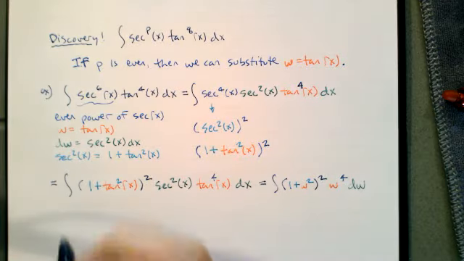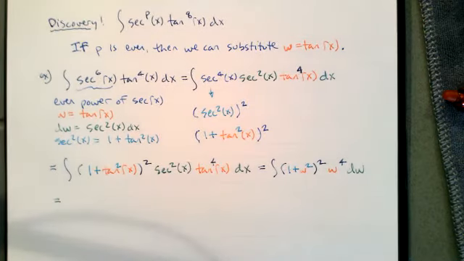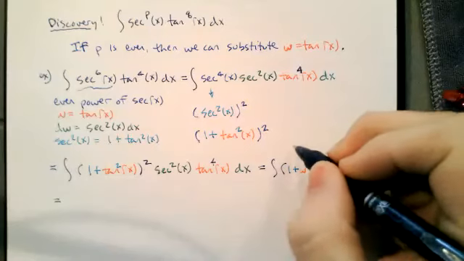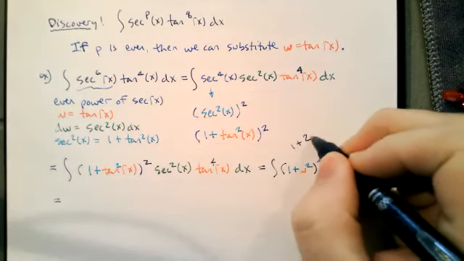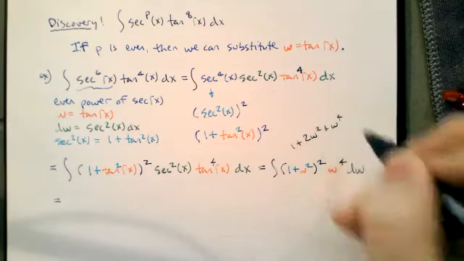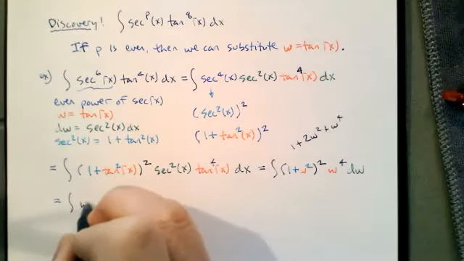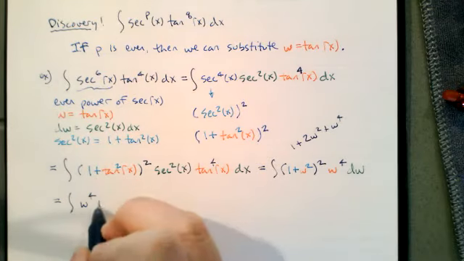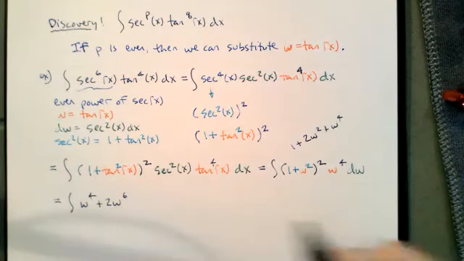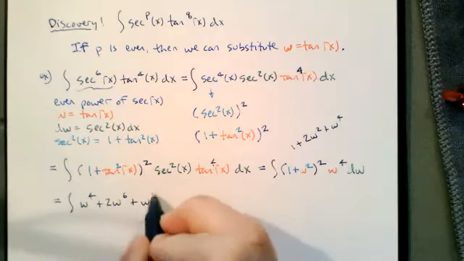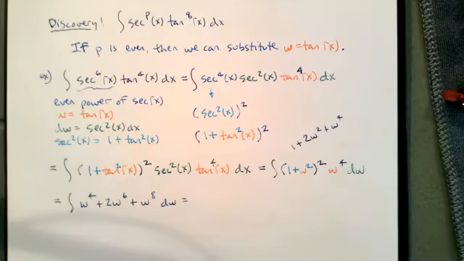And now this is not so bad because this is just a polynomial. So now we're just integrating a polynomial. So we're going to have, let's see, 1 plus 2w squared plus w to the 4th. Then I'll multiply everything by w to the 4th. And so we're integrating w to the 4th plus 2w to the 6th plus w to the 8th dw.